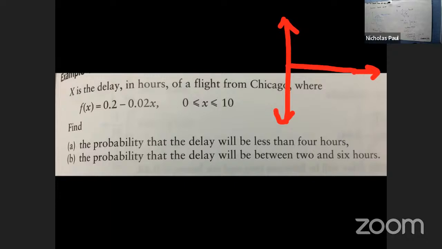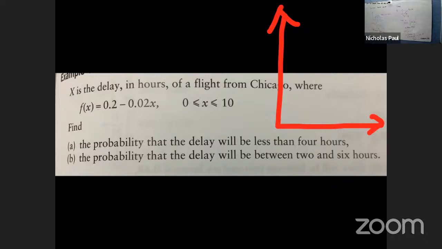So I was going to see what you have, right? I don't have a pen, so there'll be a problem there, but when x is zero, y is 0.2. So 0.2 is about here, and when x is 10, y is zero.